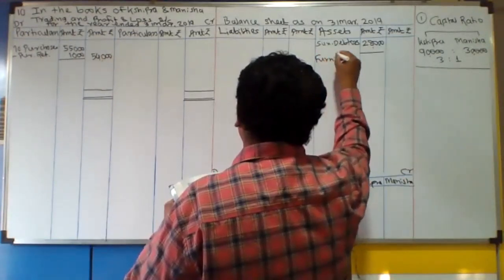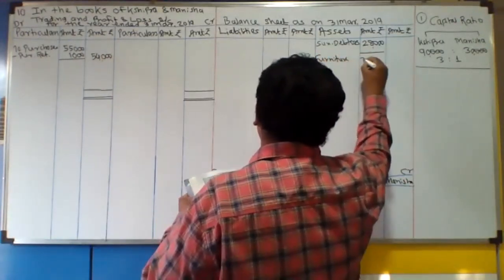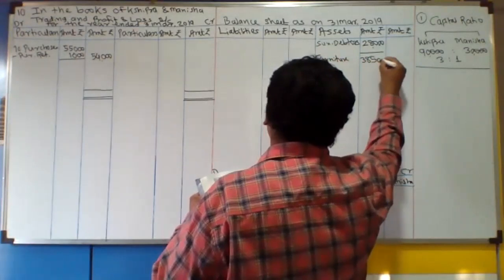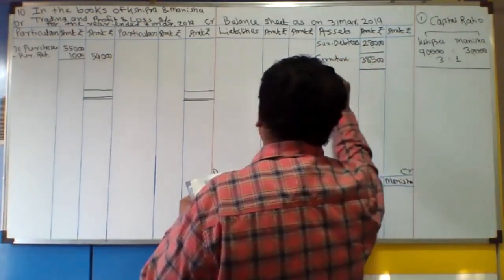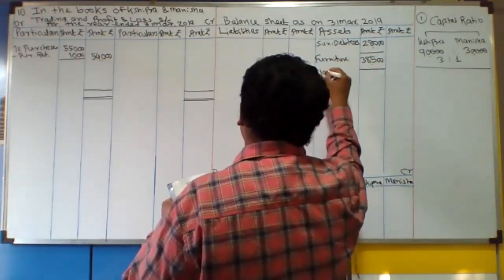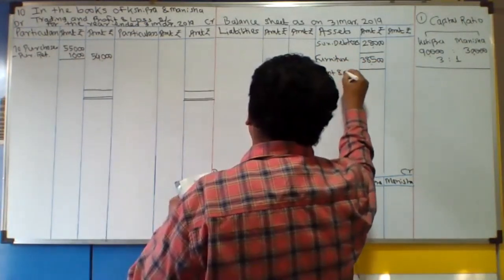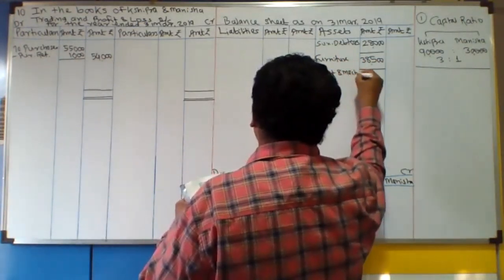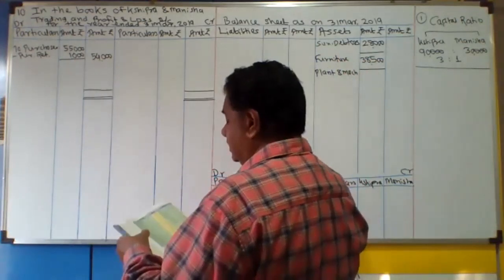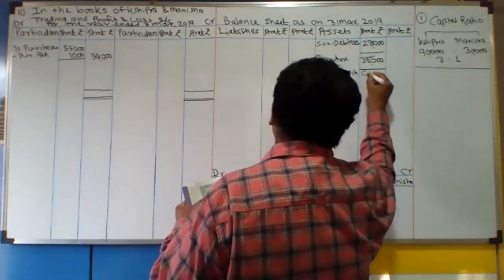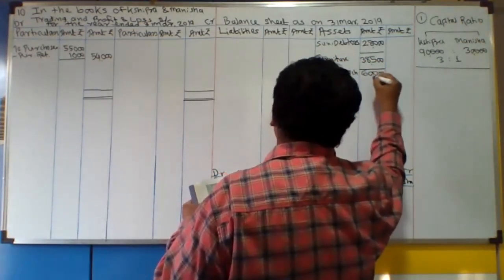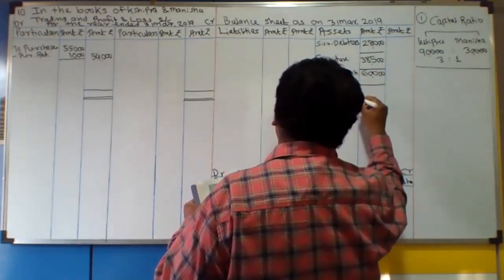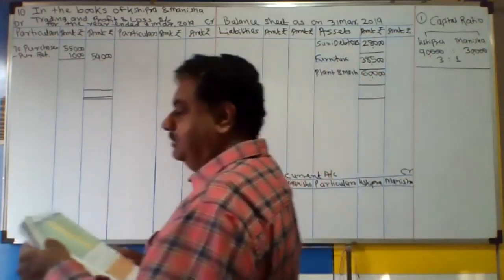Furniture is a fixed asset. Inner column. Then plant and machinery. Balance sheet assets. Inner column. The amount of the machinery is 60,000 rupees. This is having two adjustments, one for sale and other for your depreciation.